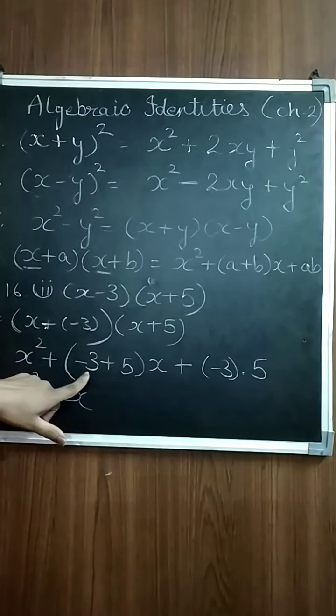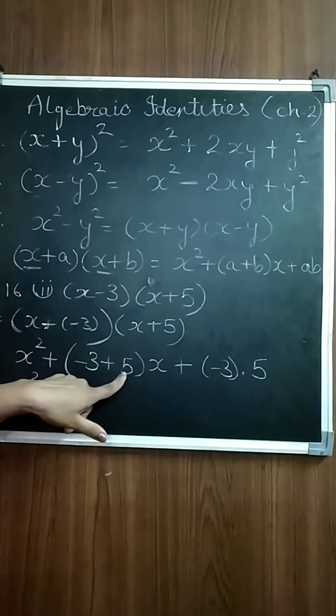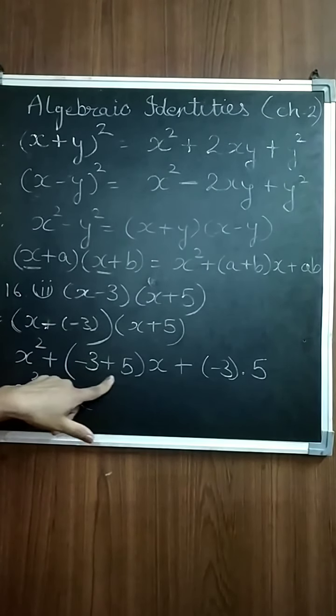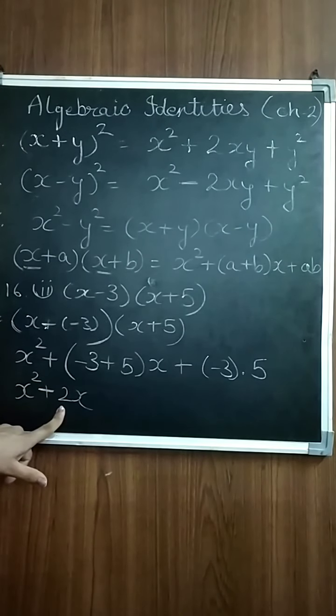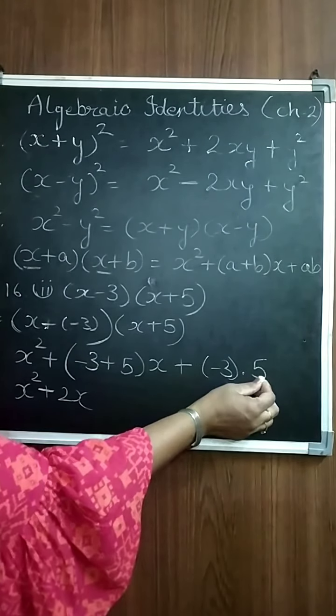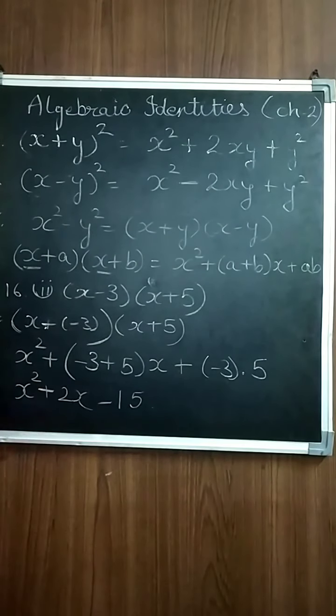I hope you know very well that whenever we have a minus and a plus, we subtract those terms and the sign comes of whichever is the greater number. Greater number is 5, so obviously plus 2 will come and x will come with it. Now 3 5s are 15 and plus into minus is minus, so minus 15. This is our answer.